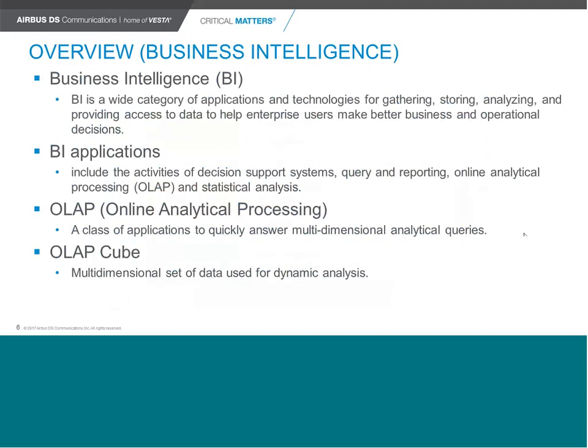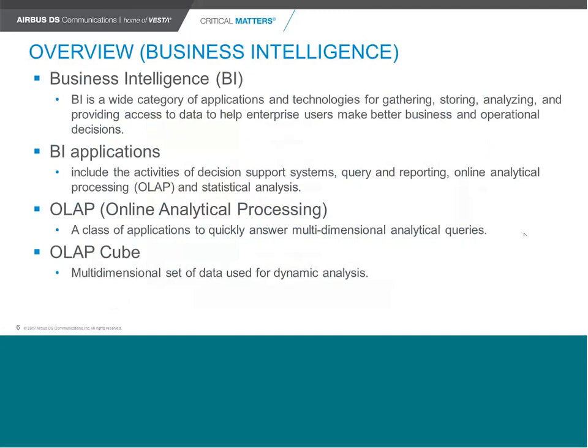So now we'll go over some terms that we'll be using throughout this presentation and webinar. The first is business intelligence, which we also refer to as BI. BI is a wide category of applications and technologies for gathering, storing, analyzing, and providing access to data to help enterprise users make better business decisions.